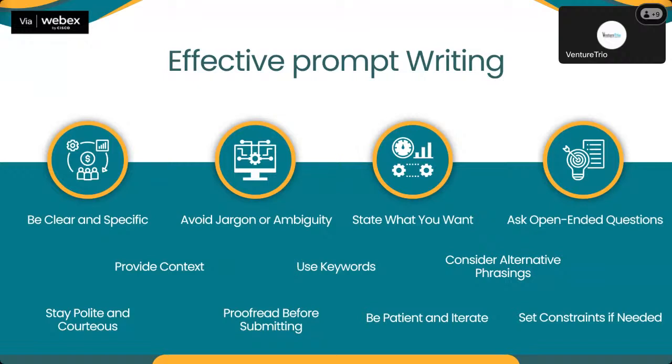Set constraints if needed, means if your question has a specific limit, mention it in the prompt. As I asked earlier, provide me a story within 100 words. So we have to set the constraints, means in 100 words, in 200 words, so we get the desired output.